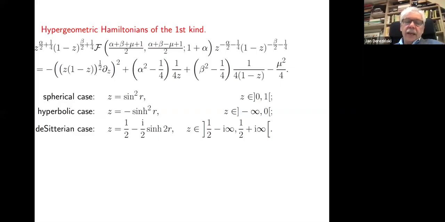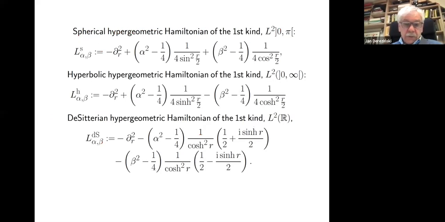And the names, we keep the same names as before: spherical, hyperbolic, de Siterian. Maybe this is not the best choice, but if you suggest a better one, I will maybe use it. So now you have three kinds of hypergeometric Hamiltonians of the first kind: the spherical, hyperbolic, and the de Siterian.